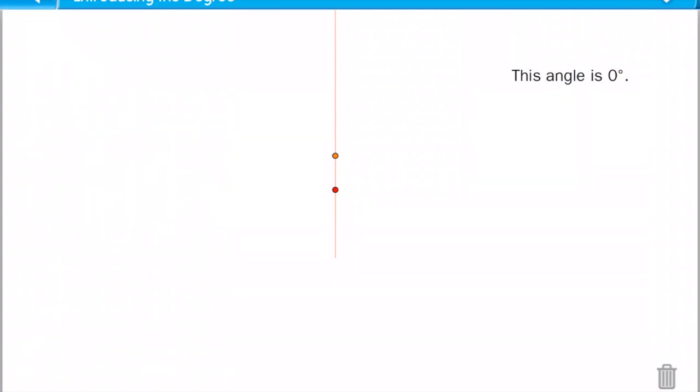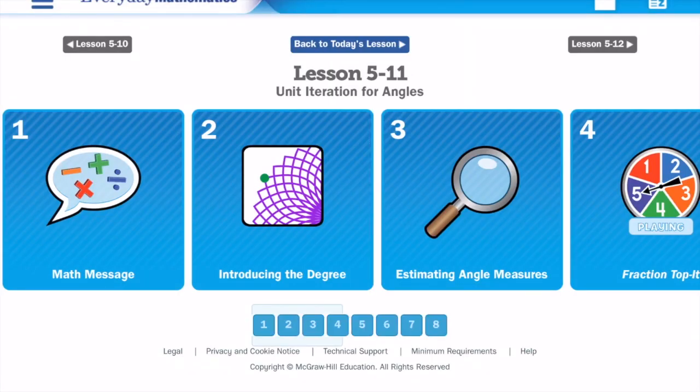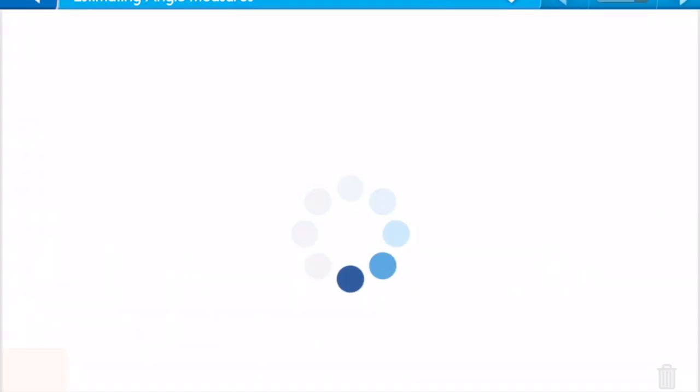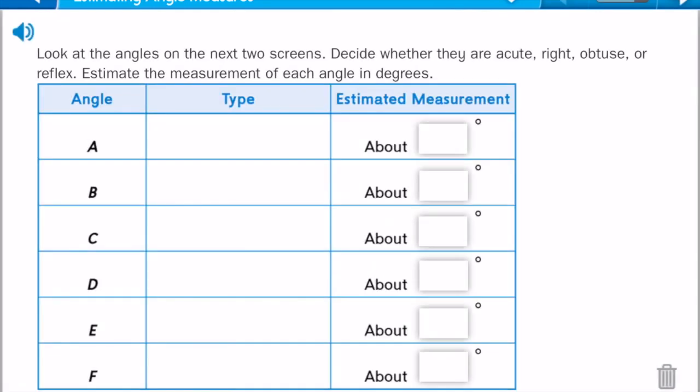Okay, let's go on to our estimating angle measures. So what we're going to do is estimate each one of these angles. We're going to look at the angles on the next two screens, and we're going to decide whether they're acute, right, obtuse, or reflex.